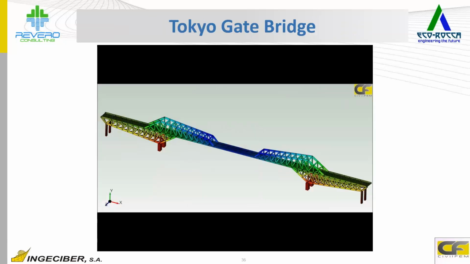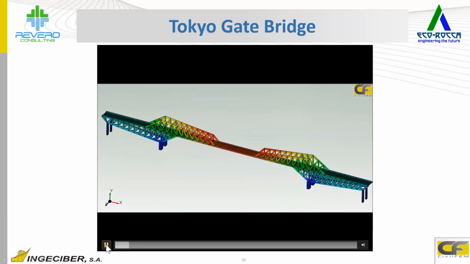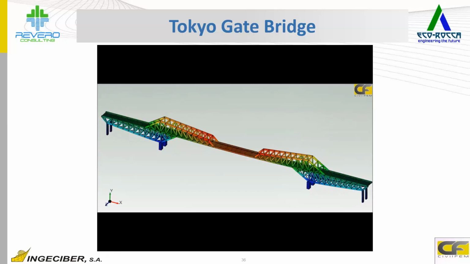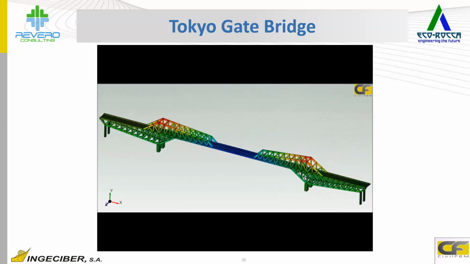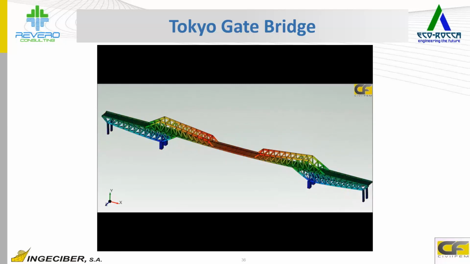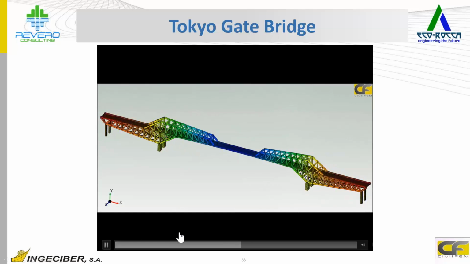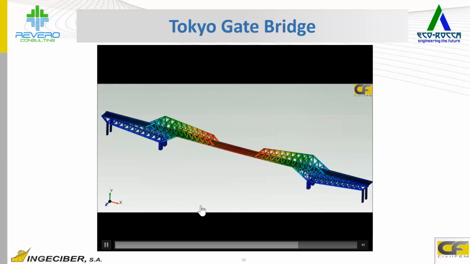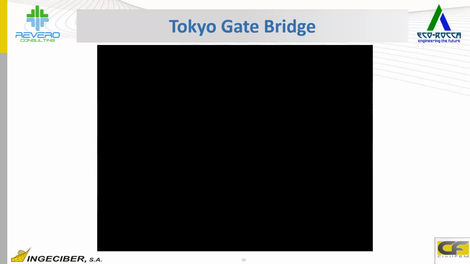The next bridge is the Tokyo Gate Bridge. Similar dynamic analysis, subjected to an earthquake, and we can see the deflection of the bridge in an enhanced mode.